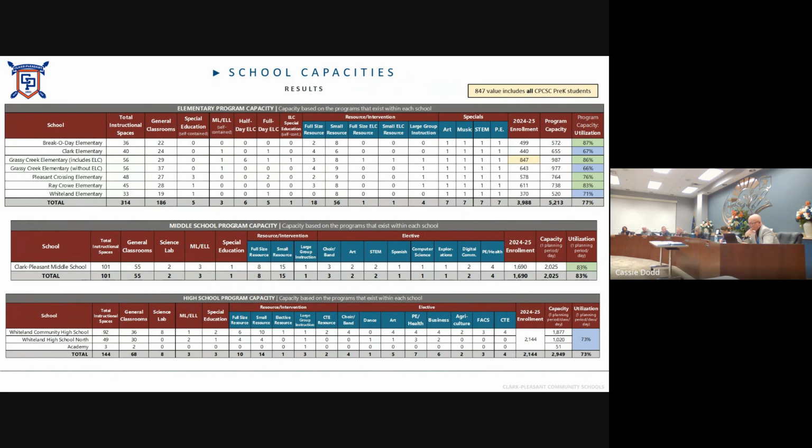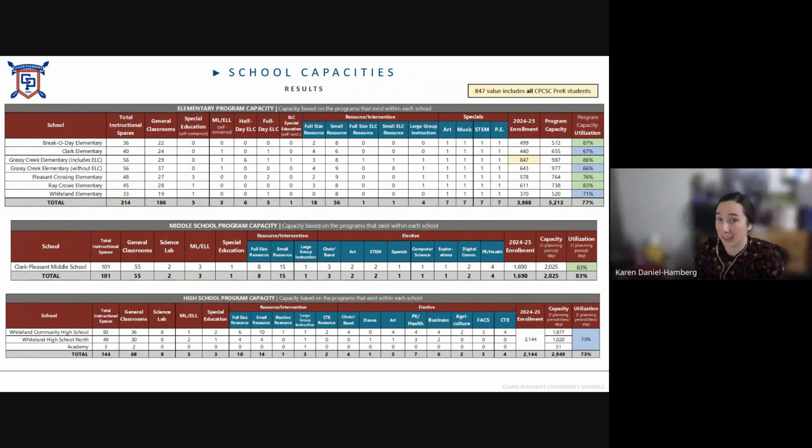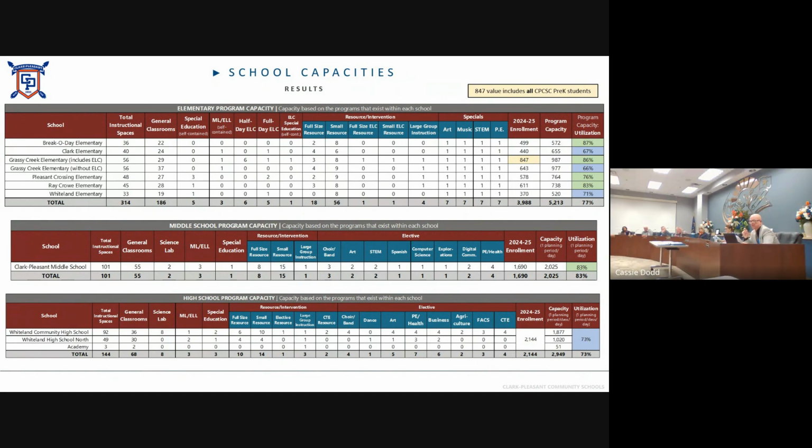There's probably a couple of spaces that are not utilized yet. I guess where I'm going with that question is, I could see 71% being bumped up pretty quickly if we were to all of a sudden see 100 kids enroll there. Oh, yeah. In other words, we don't have a lot of empty classrooms in that building, a handful.